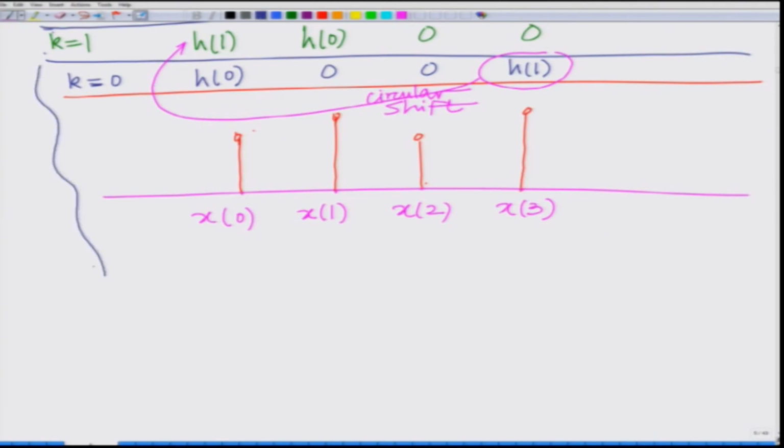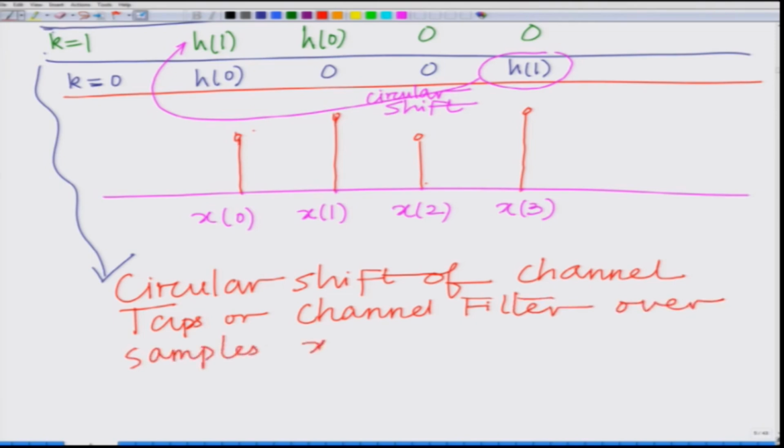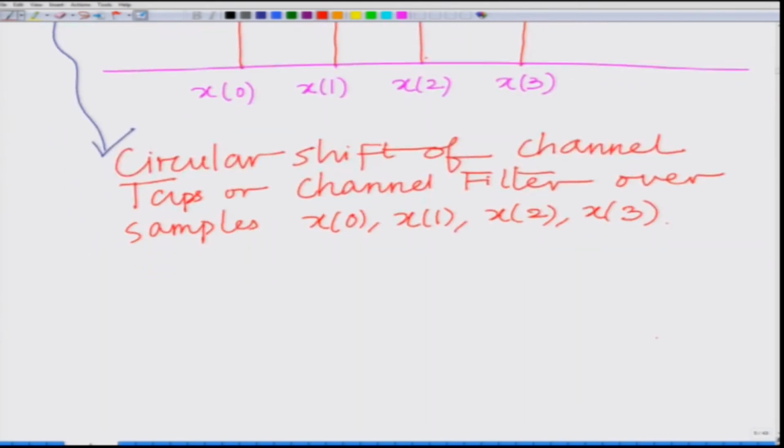So, what this represents is something very important, that is a circular shift of the channel filter, or basically your channel taps, over the samples X0, X1, X2, X3, and therefore, the important point is that it represents a circular convolution.